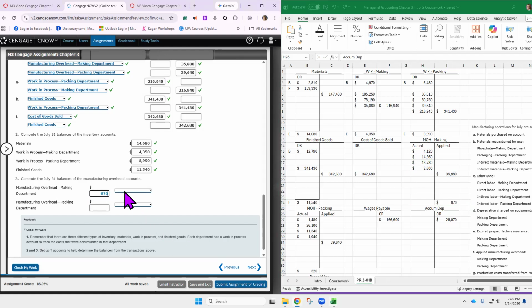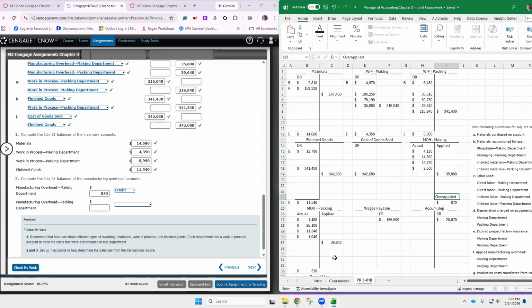And this is the credit side. What does that mean? Remember, this side is also applied. So here is over applied. So just in case they ask, or if you see something about it, over applied.